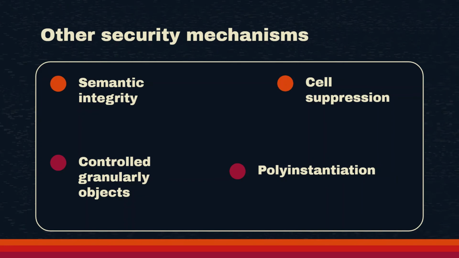Self-suppression is another kind of control granularity. Self-suppression is the concept of hiding individual database fields or cells or imposing more security restrictions on them. And there are many others, like polyinstantiation.